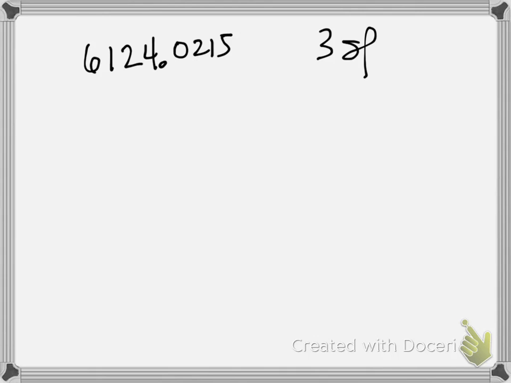Okay, so we have 0.0215. We want to round this to 3 sig figs. So I always start with the first significant figure, 1, 2, 3. And I typically make a mark, and if you look at my key, you'll actually see, I still do this.